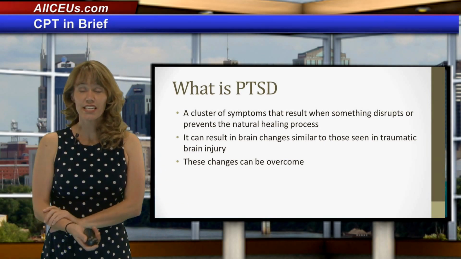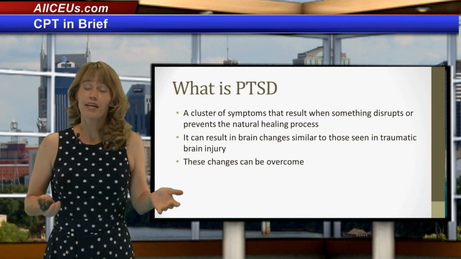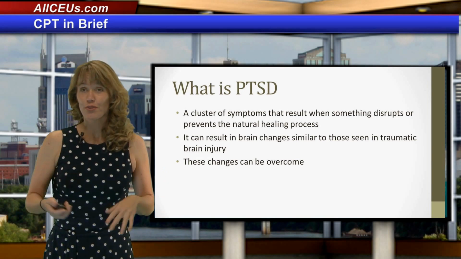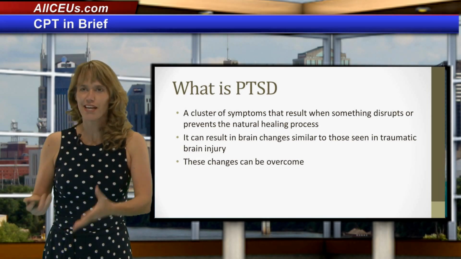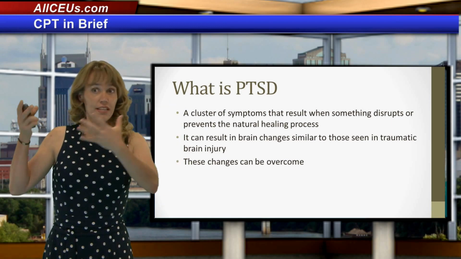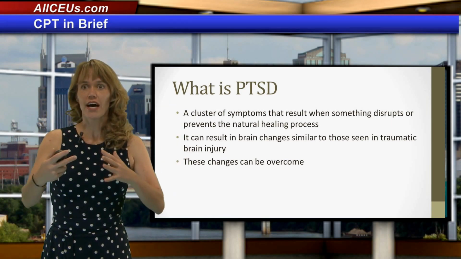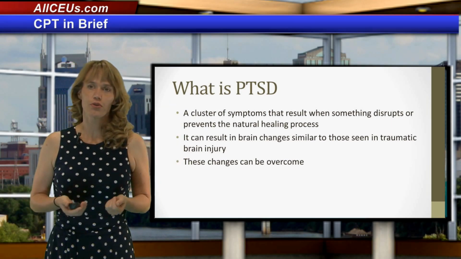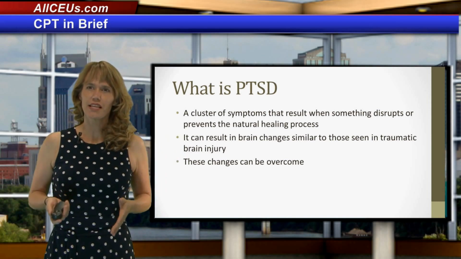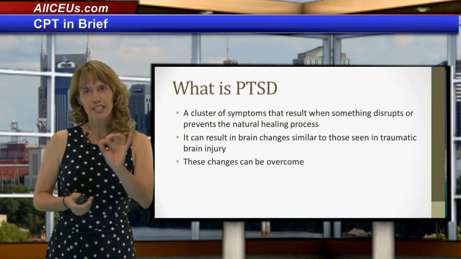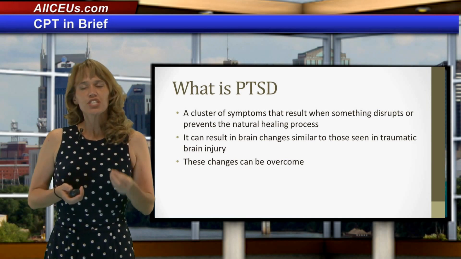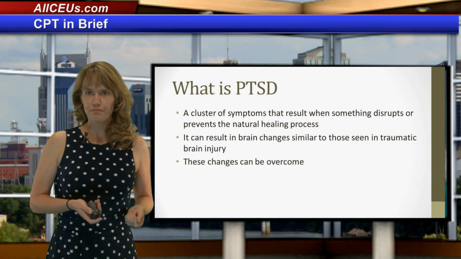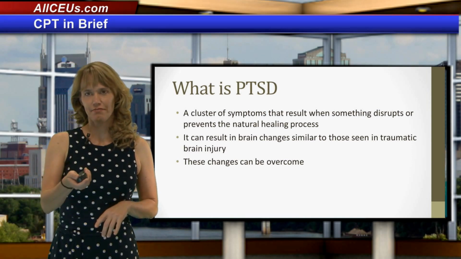Just like wounds can heal, the brain can heal. The brain can also find workarounds, which is why when you take tumors out of people's heads, they don't lose everything that was there. The brain figures out how to work around it. Or when people have a stroke, or similar things that may cause some sort of actual injury to the brain. So these changes can be overcome, and they can be mitigated.